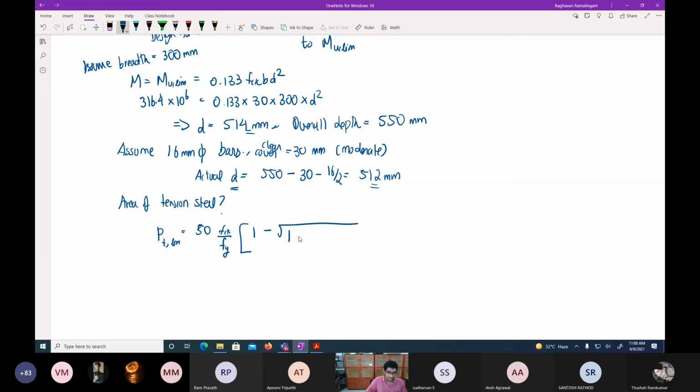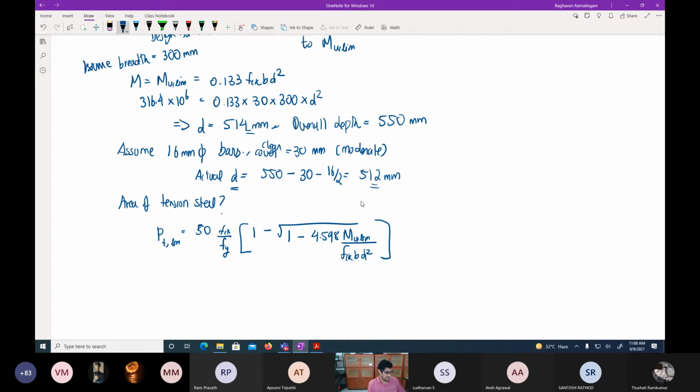I'll come to that one. So 1 minus square root of 1 minus 4.598 Mu limit by fck b d square. This is the formula that you can use to find the percentage area of steel.